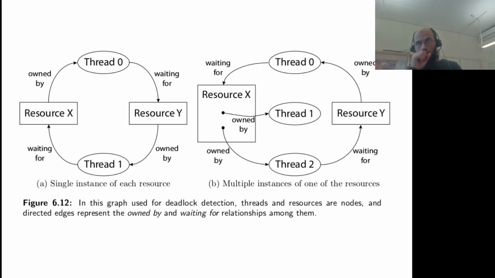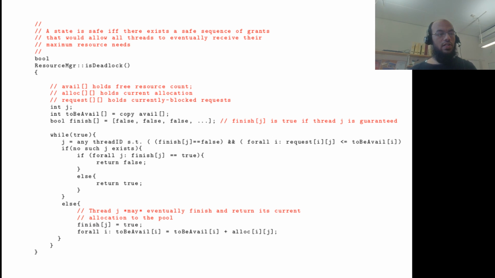But for deadlocks, you typically have resource X that is acquired by thread 0 that is waiting for resource Y that is owned by thread 1. Or you might have multiple threads owning the same resource, because you might have multiple instances of the same resource, and then that would look like that. The algorithm to detect such a deadlock is very similar to the banker's algorithm we talked about. The function is called is deadlock, and it is quite similar to the is safe algorithm in the banker's algorithm.